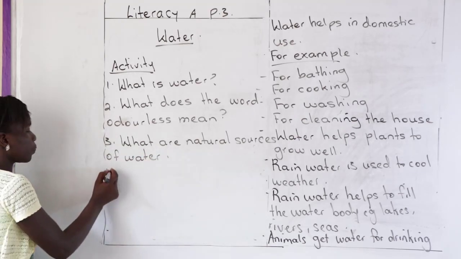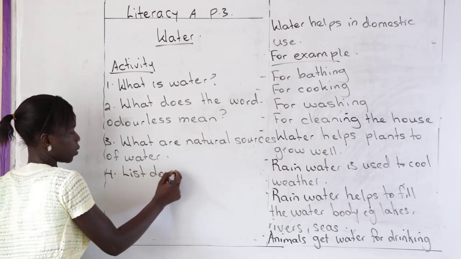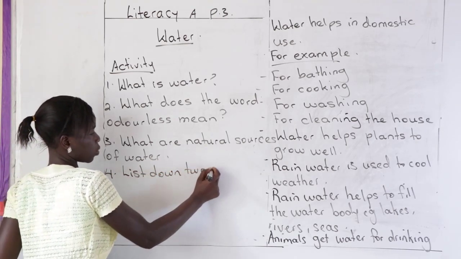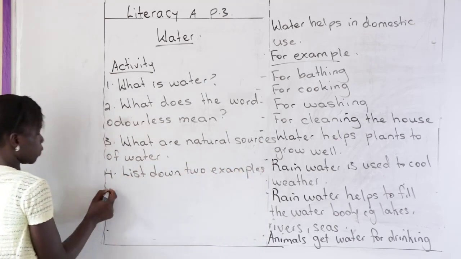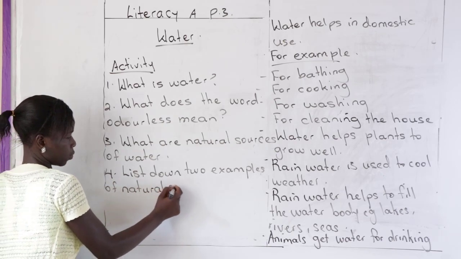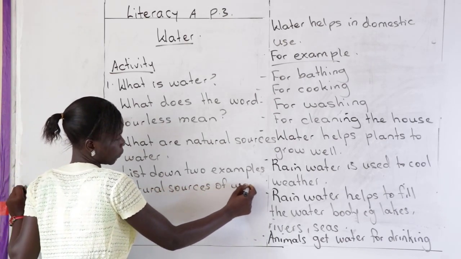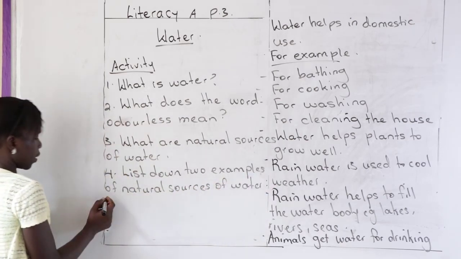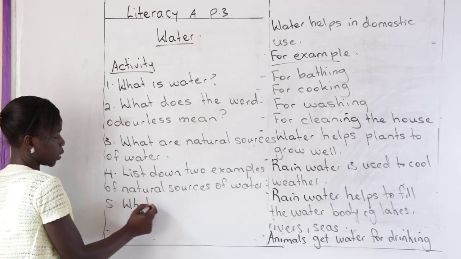Number 4, list down 2 examples of natural sources of water. Number 5, what is the main natural source of water?